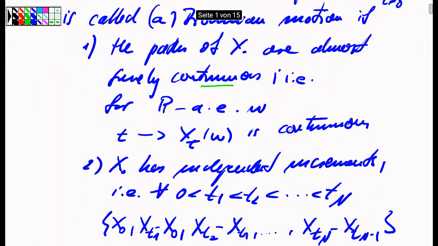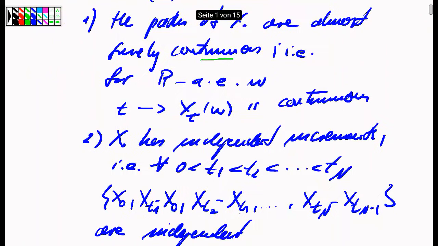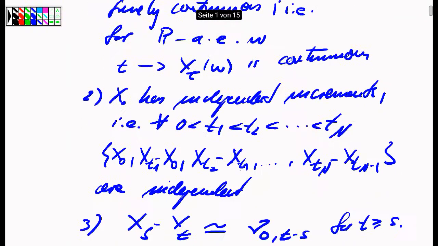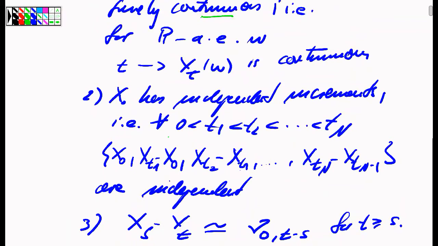The second condition is that the increments of the Brownian motion of that process are stochastically independent. And this is formulated as follows. So if you pick yourself a collection of time points which are ordered, and you evaluate the Brownian motion at those time points, including time point 0 of the process, and then you consider all those increments.